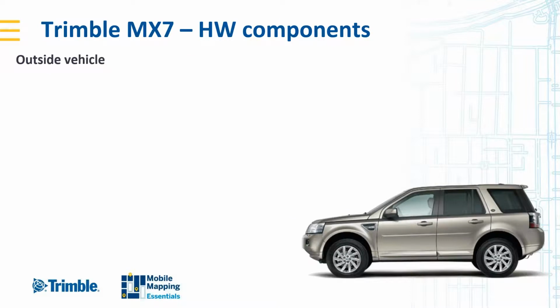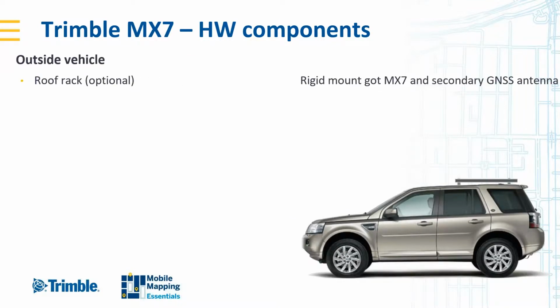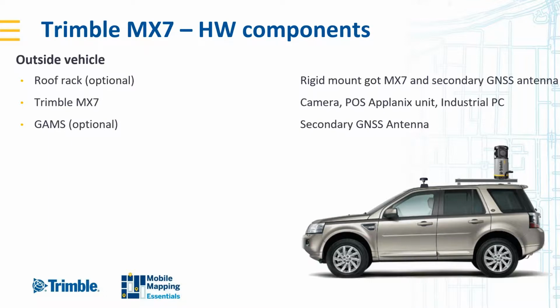So what does it look like on a vehicle? We have a roof bar or a roof rack that is provided with the MX7, and then the MX7 is mounted on that roof rack. We generally use a second antenna that helps with heading, so we get a very precise GNSS heading, which is used to constantly calibrate the heading from the inertial system.